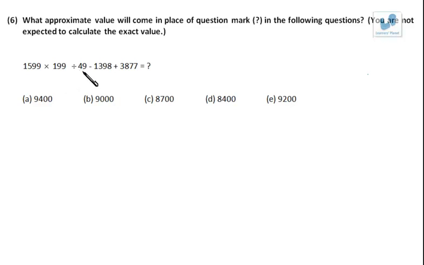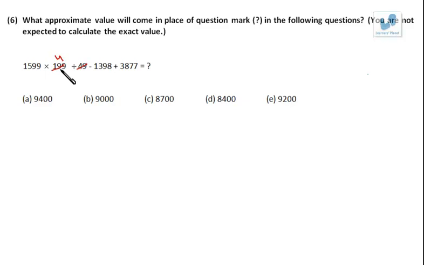Now just be very clear that to increase 1 in 1599 is a very nominal increase in terms of percentage, and to increase 1 in 49 is a big increase in terms of percentage, right? So whatever answer we are getting will be on the lower side than the actual answer. So it is 1600 into 200. So this 50 goes 4 times, so 1600 into 4 is 6400.